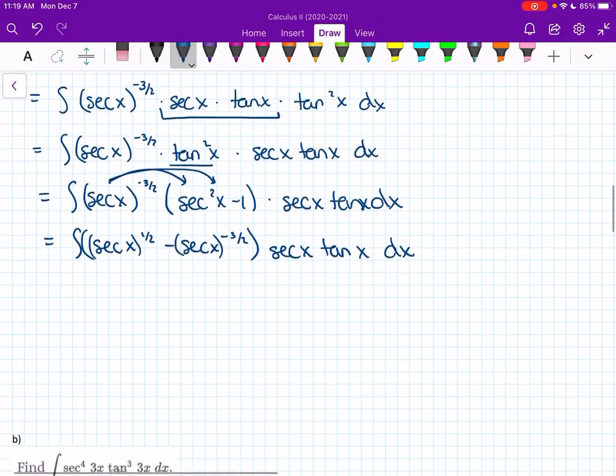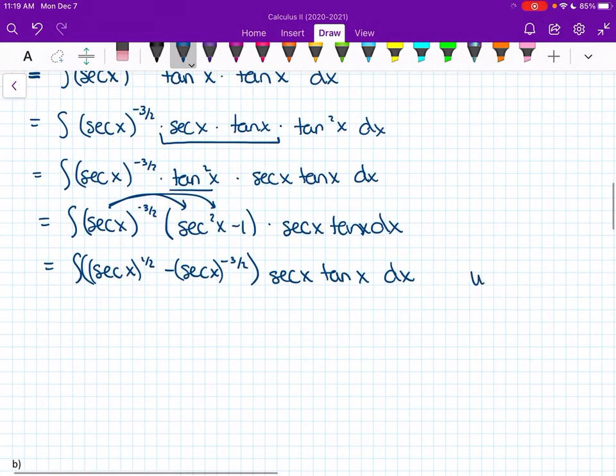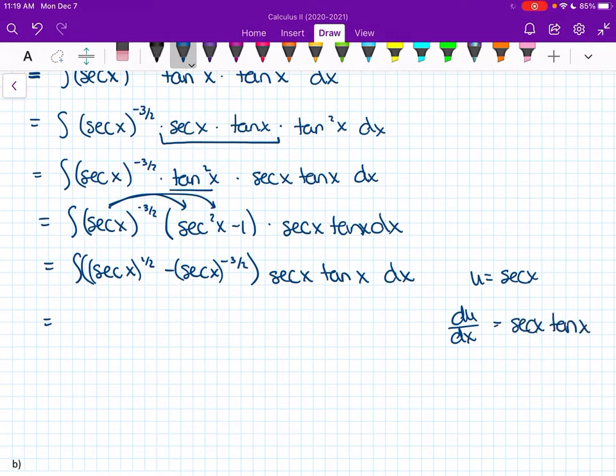If I let u equal secant x, then du dx is secant x tangent x. So I'm going to have an integral of u to the 1/2 minus u to the negative 3/2, and then that will cancel du.